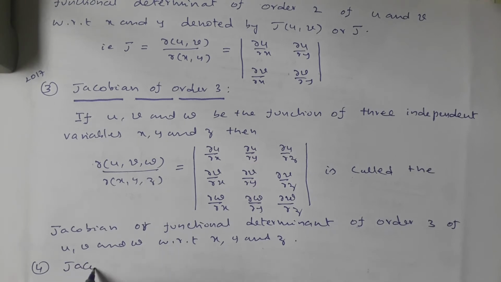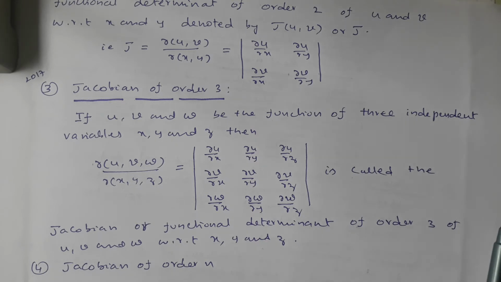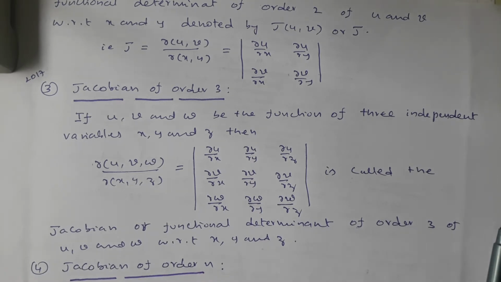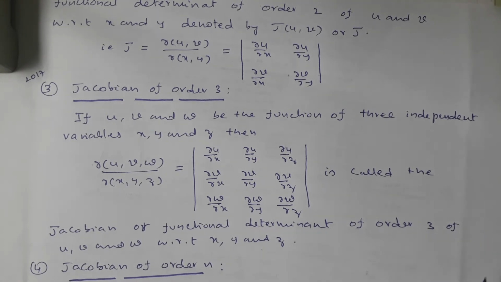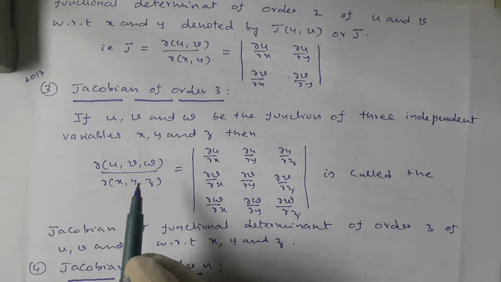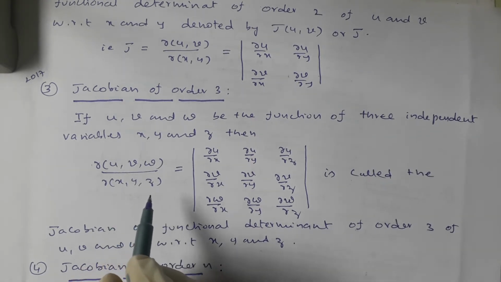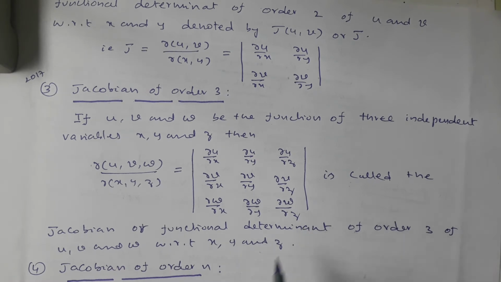Jacobian of order n. So in Jacobian of order 2 we have two functions and two independent variables, whereas now Jacobian of order 3 we have three functions with respect to three independent variables, the partial derivatives in the determinant.